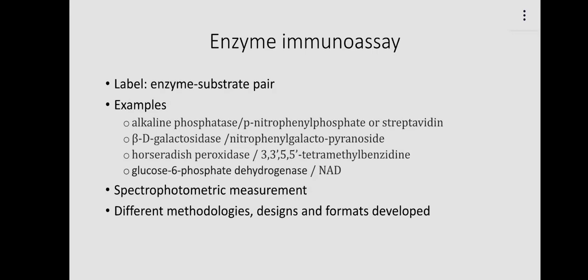The intensity or the rate of formation of the product will depend on the availability of the catalytic sites. So you need the binding between the antigen and the antibody to affect the activity of the enzyme. We shall see the different ways in which that is achieved.